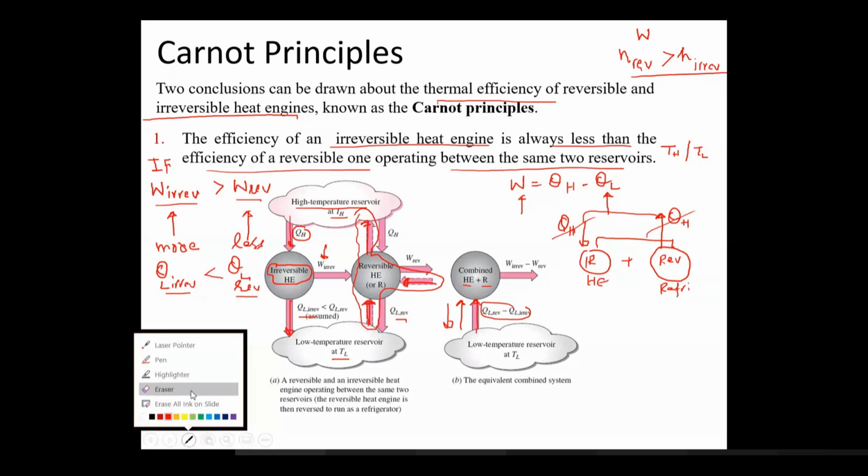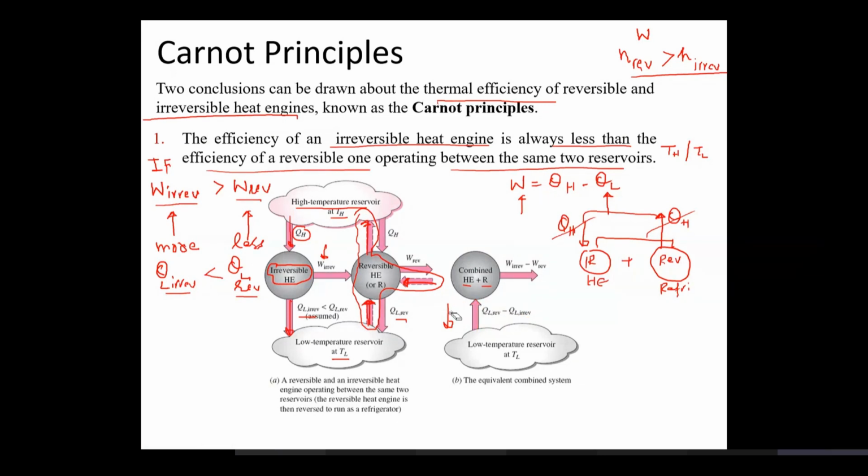Upward, sir. Why? Because we had already assumed that QL irreversible would be less than QL reversible. So QL reversible minus QL irreversible would be a positive quantity directed upwards. Clear enough?